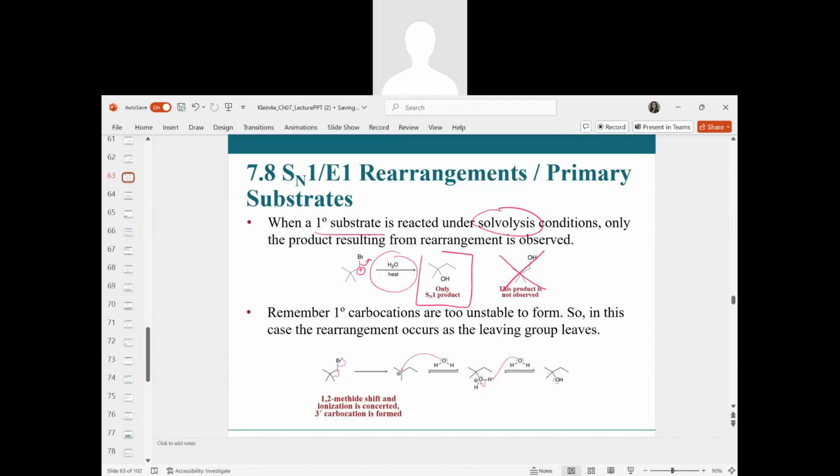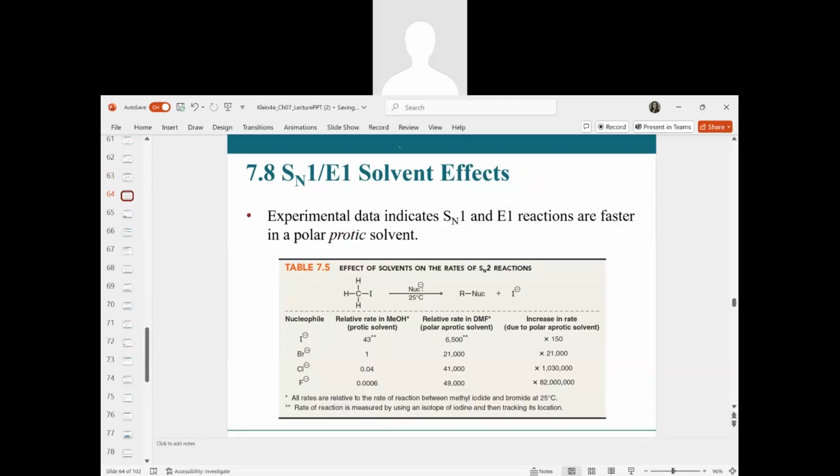We would only see the substitution product of our more stable carbocation, and we would actually see this process as a concerted process. This methide shift, this methyl group being shifted, generates this more stable tertiary carbocation, and that's where water performs the nucleophilic attack, and then we have that subsequent proton transfer to create our alcohol product. Again, if a carbocation rearrangement can occur, it generally will occur.